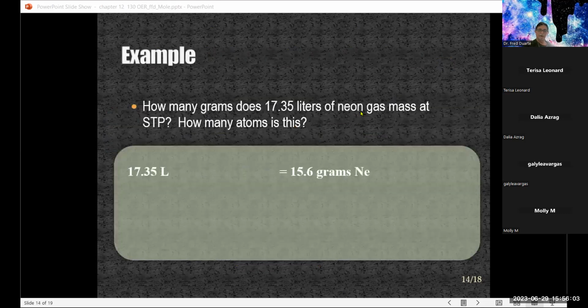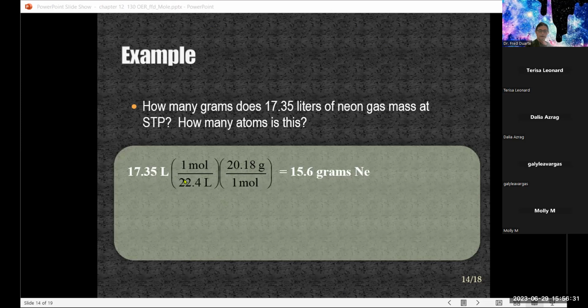All right, so number one is we write down what we're given, 17.35 liters, and we write down the units that we are striving for. Unfortunately, I also wrote down the answer, okay? So anyway, first factor converts our liters to moles of neon gas.